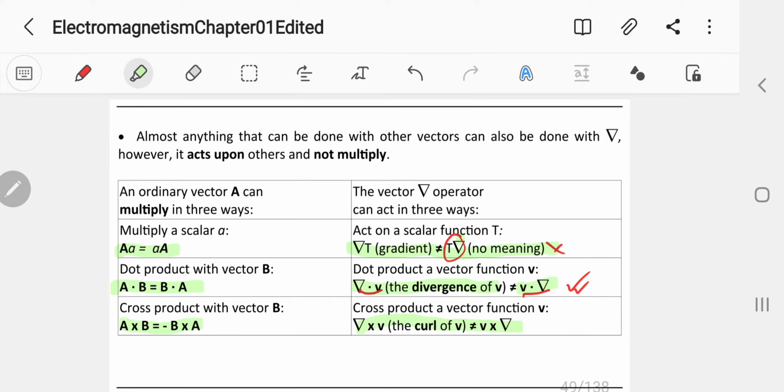Although the right side of the inequality can exist, this one is also correct. But they are not equal. This is the curl of V. We will learn those things in a little while.